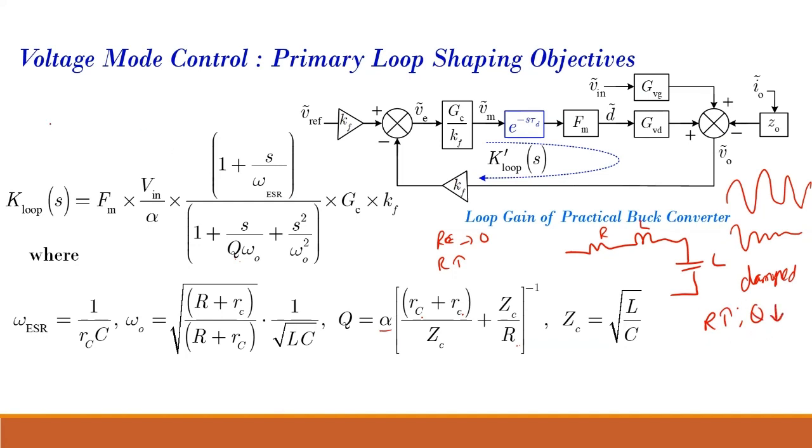Now, why is this important in our case? Considering our case, we give a step input. If the quality factor was very high, the output will oscillate like this. If the quality factor is quite low, it would go like this. Now these oscillations might not be permissible because the output was supposed to be regulated at 1 volt, but now it is reaching around 1.3 volt.